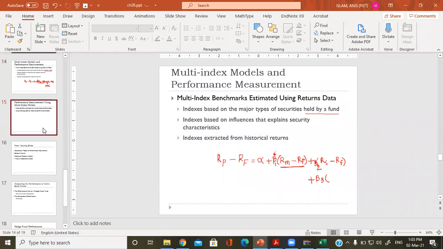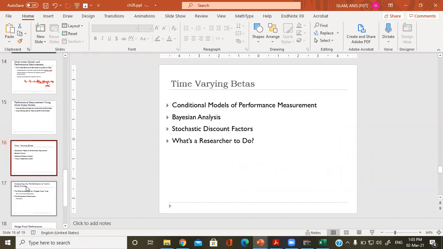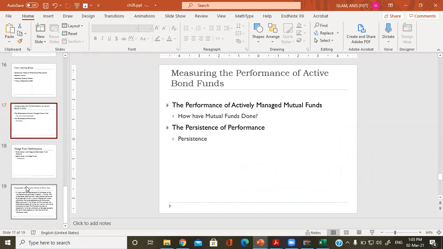In the next class, we are expected to discuss whether, if mutual fund performance is positive, they continue to perform in the future. I mean, if a mutual fund performs well nowadays, can it be expected that they will also perform in the future?